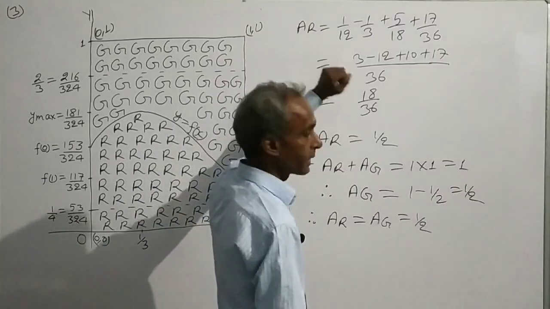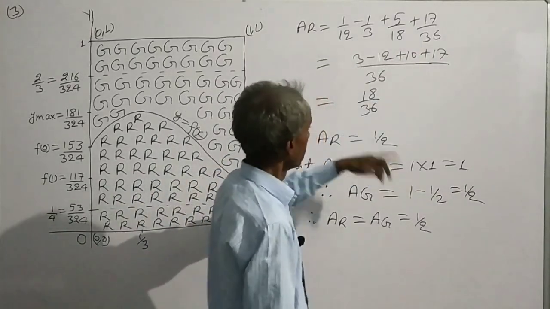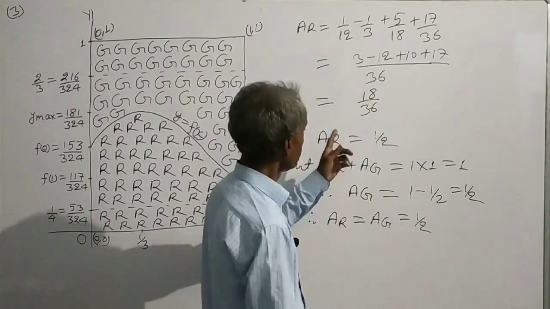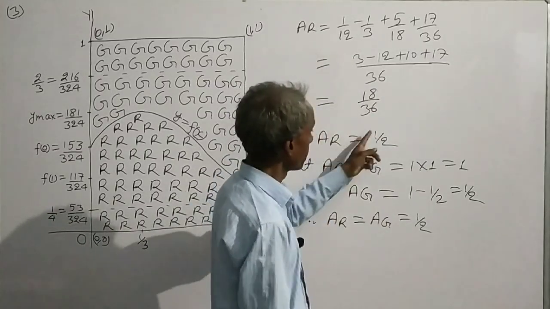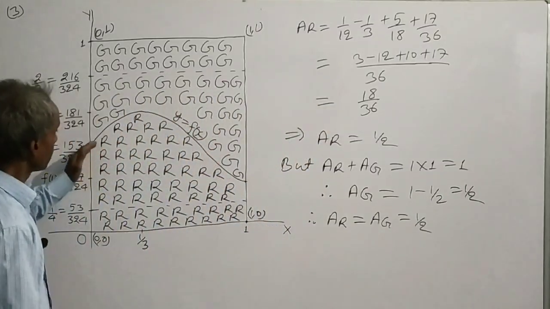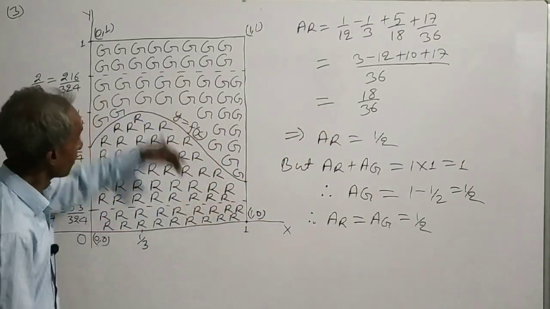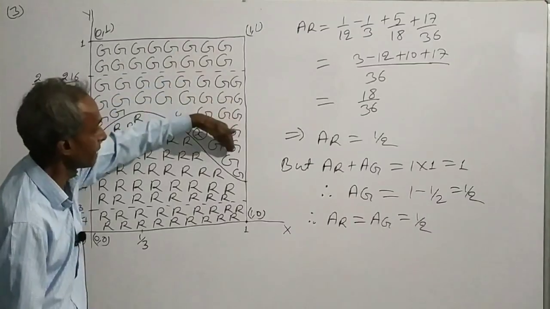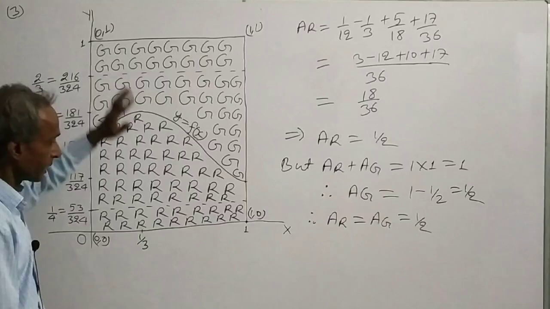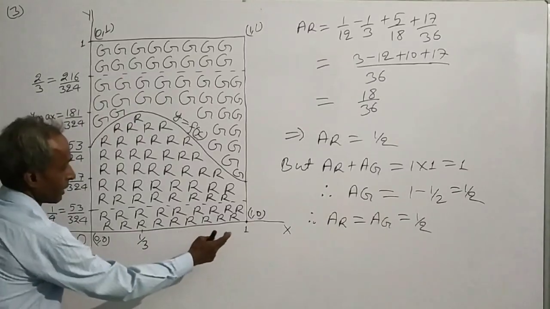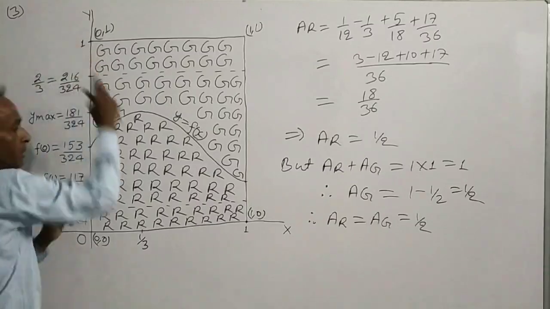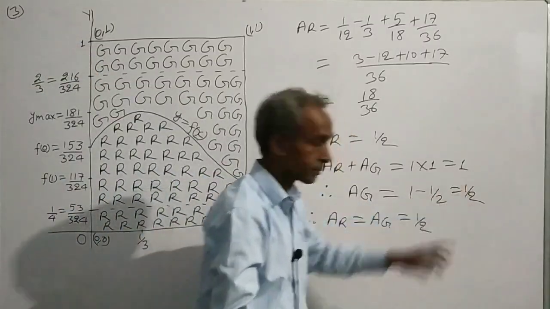The area of the red region is equal to this, that is equal to 18/36. That means the area of the red region is equal to 1/2. But the area of the red region plus the area of the green region is equal to the area of this square, and the area of this square will be side length 1 times side length 1, that means 1.